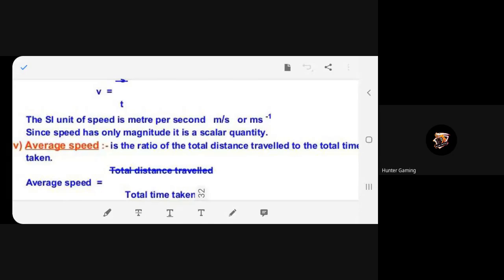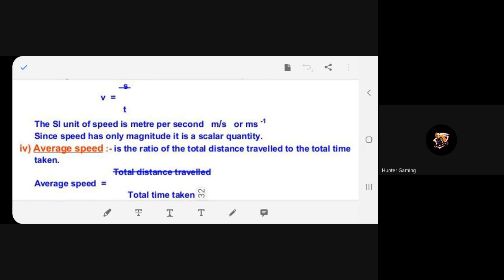You did not read the last line: since speed has only magnitude, it is a scalar quantity.